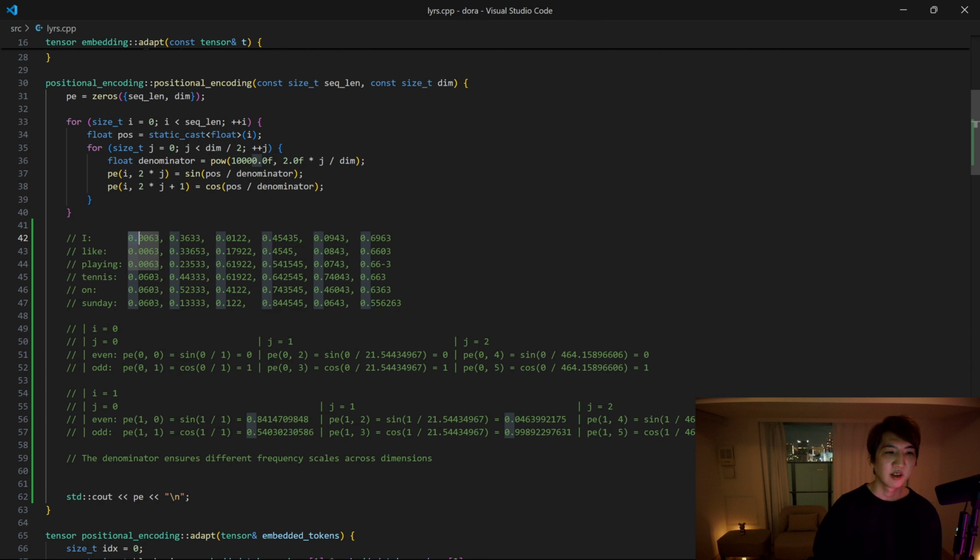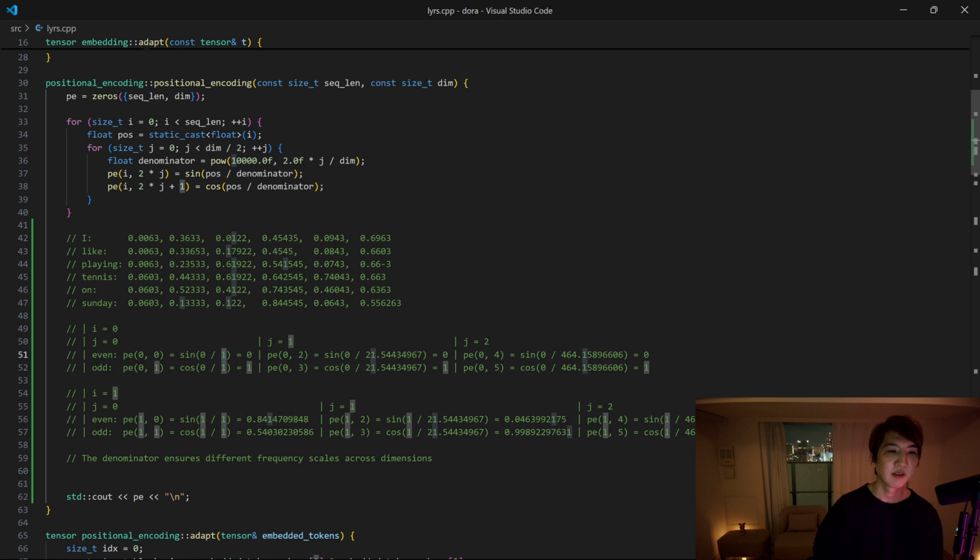The first dimension for the first word, because it's an even index, this is index 0, we use the sine function, position 0, and the denominator is 1.